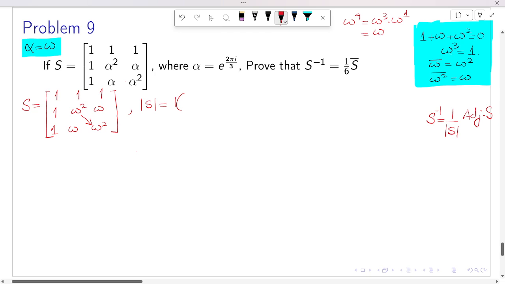So this is 1 into omega minus omega square, minus 1 times omega square minus omega, plus 1 times omega minus omega square.